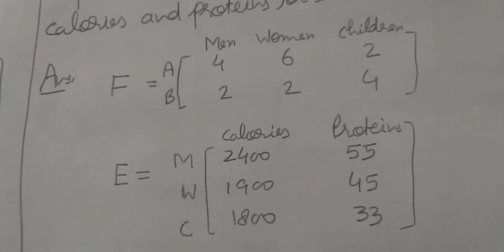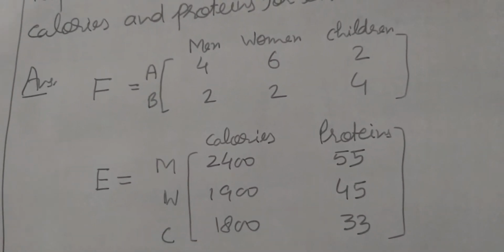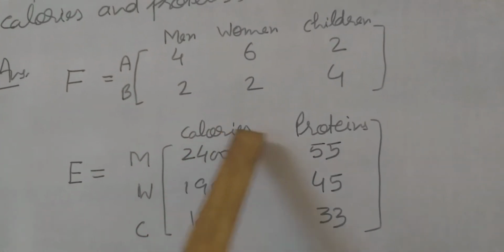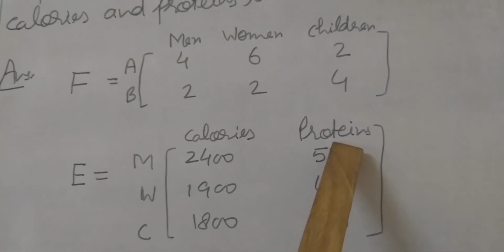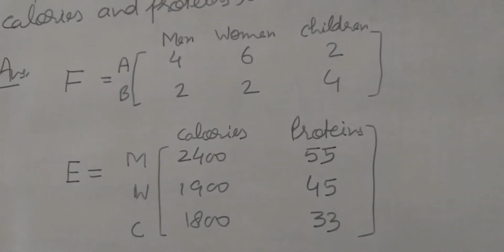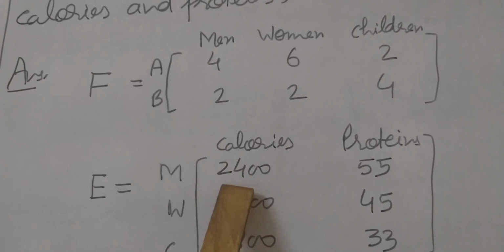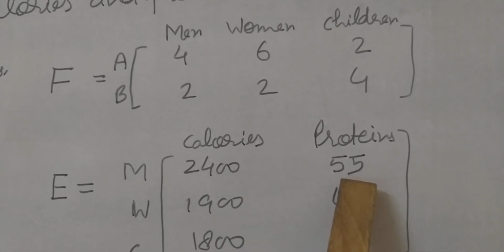Okay students, so E equals to, this is for man, woman and child, calories and protein. So in the first row I have written here calories for man and protein for man.